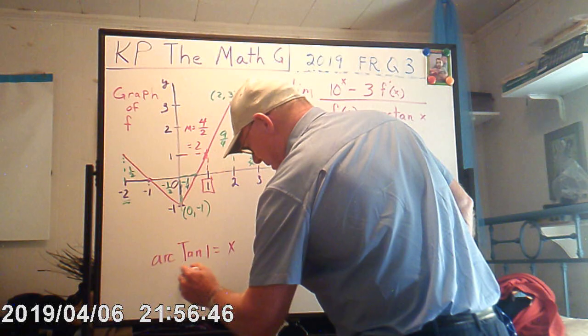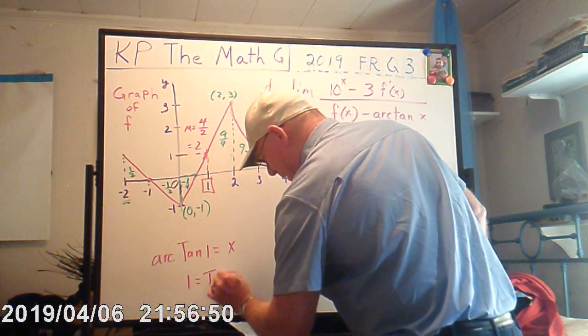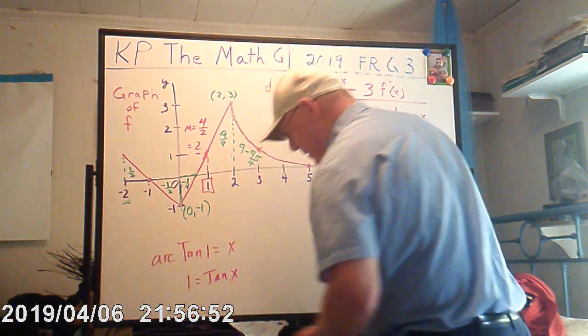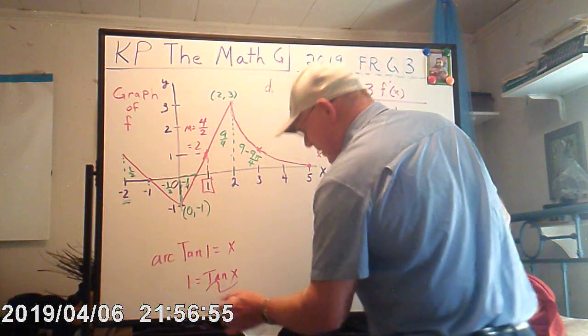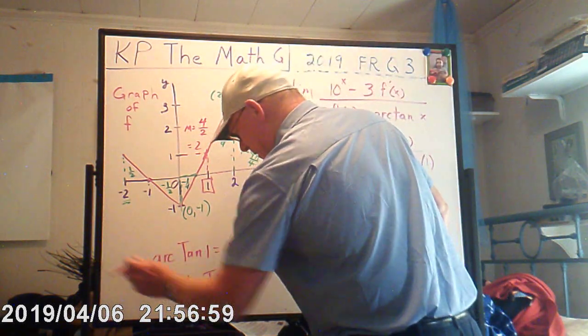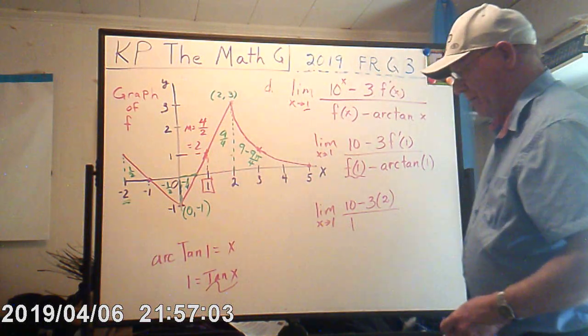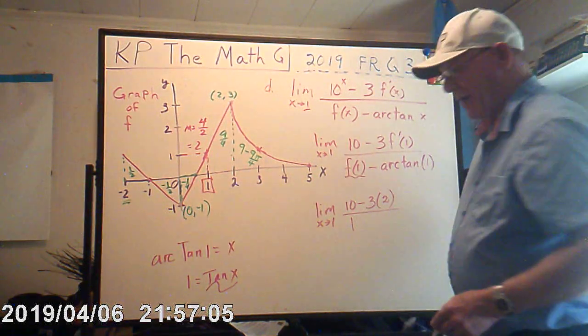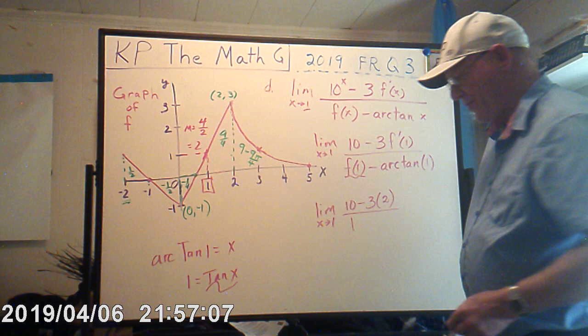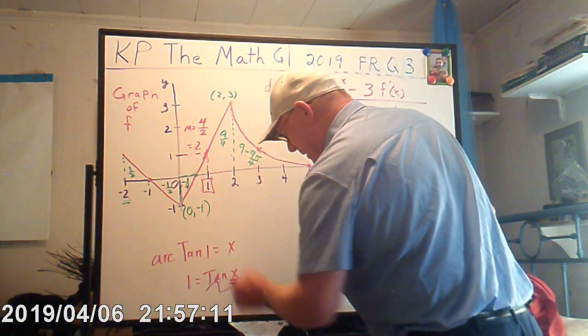And that simply means that 1 is equal to tangent of x. So tangent of something is equal to 1. If I were to multiply both sides by tangent, I would get this here. So what we'd have to do is figure out what value of x makes tangent of that equal to 1.